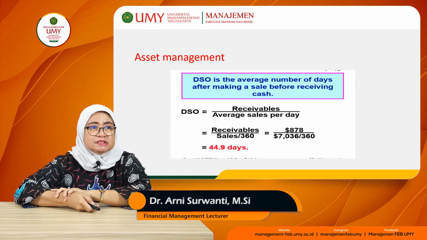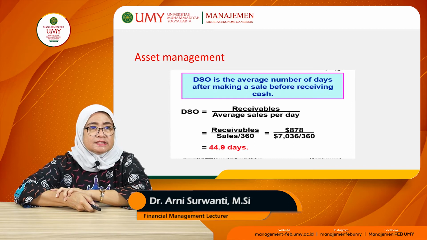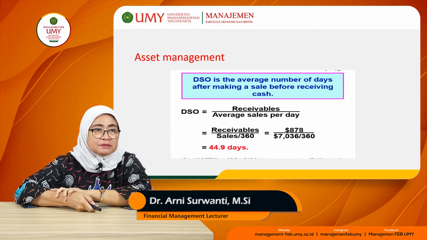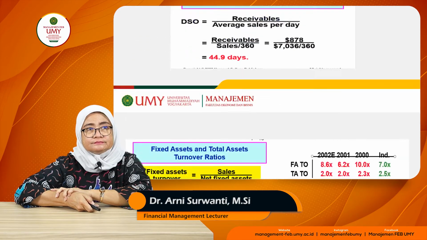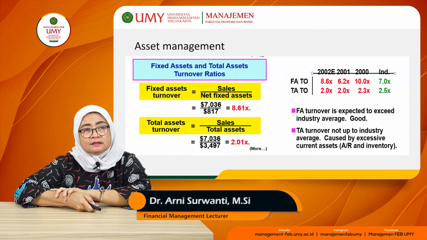Asset management can also be measured by days sales outstanding. Days sales outstanding is the average number of days after making a sale before receiving the cash. This ratio can be measured by receivables divided by average sales per day. Another asset management ratio is fixed asset and total asset turnover.